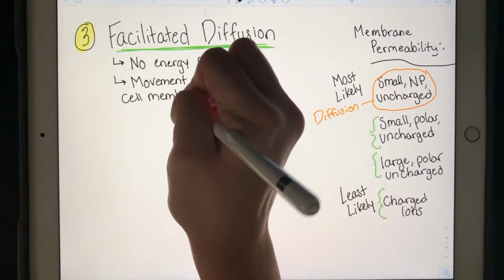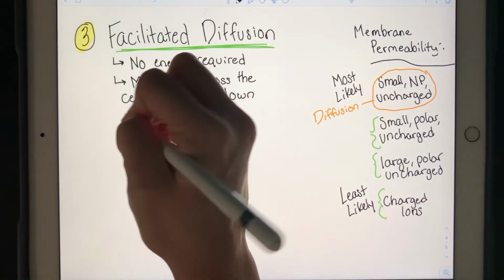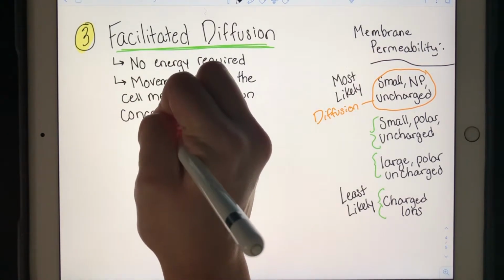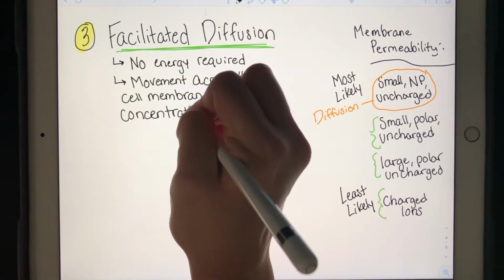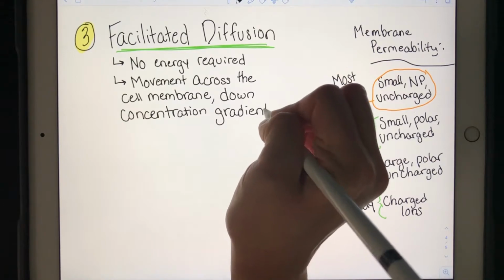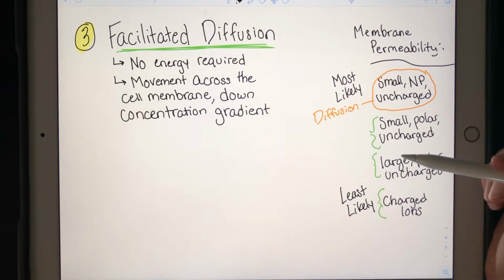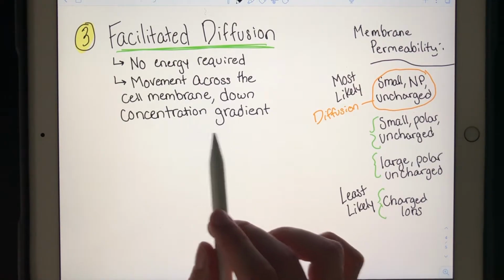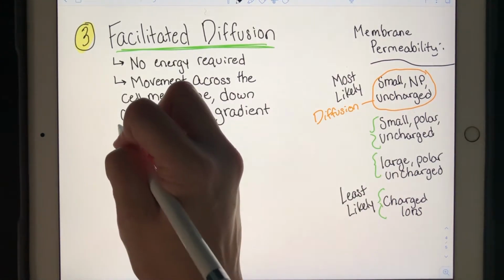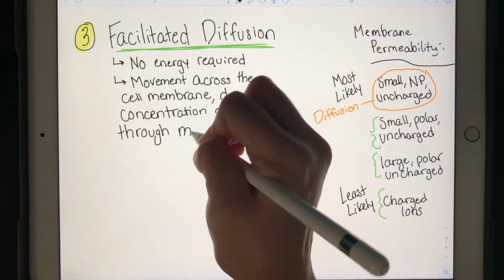And again, because it's passive transport, it has to be going down its concentration gradient. And we also need some help to be able to make this happen, because these things normally won't go through the membrane on their own. So we can't just have normal diffusion. We're really going to have movement across the cell membrane down the concentration gradient through membrane proteins.